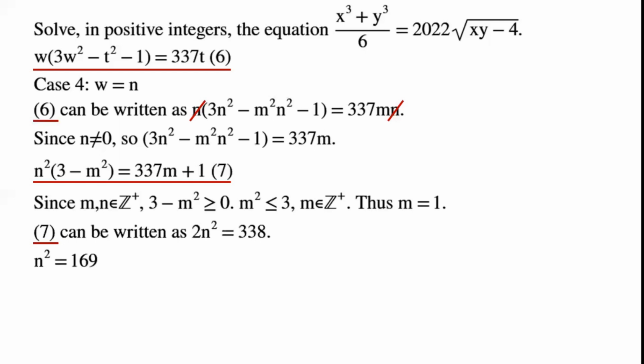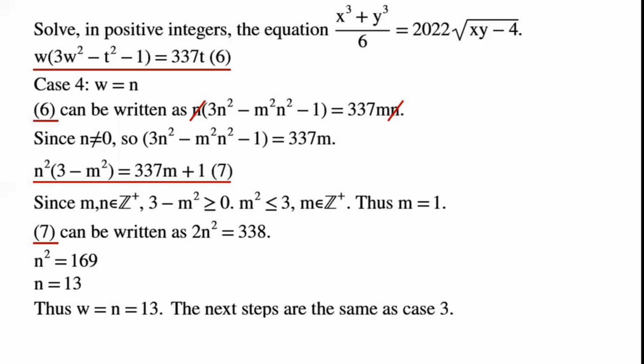So n squared equals 169. So n equals 13. Thus, w equals n equals 13. The next steps are the same as case 3.